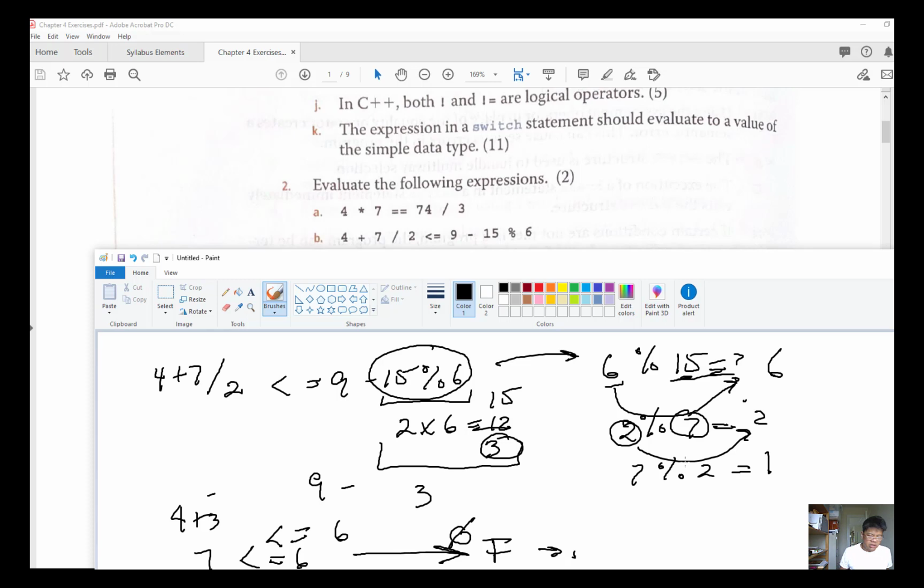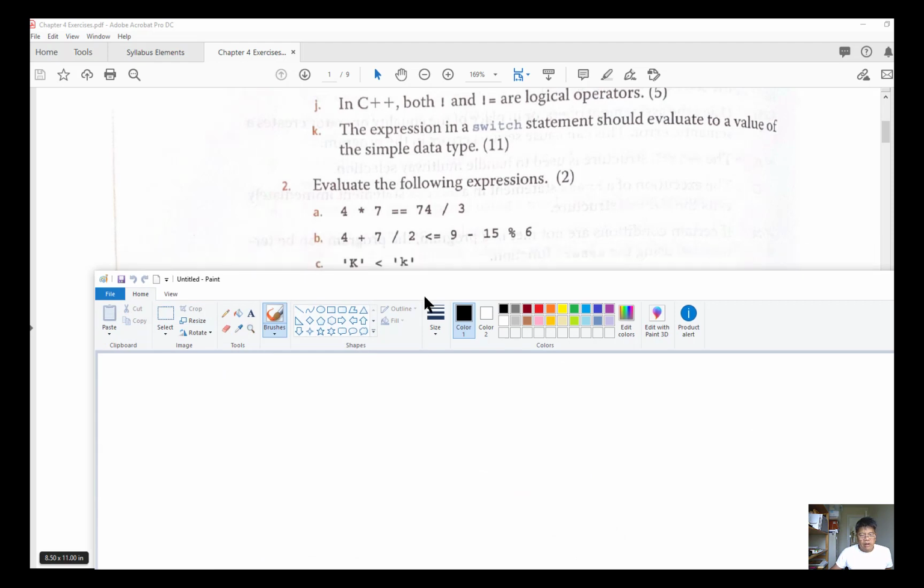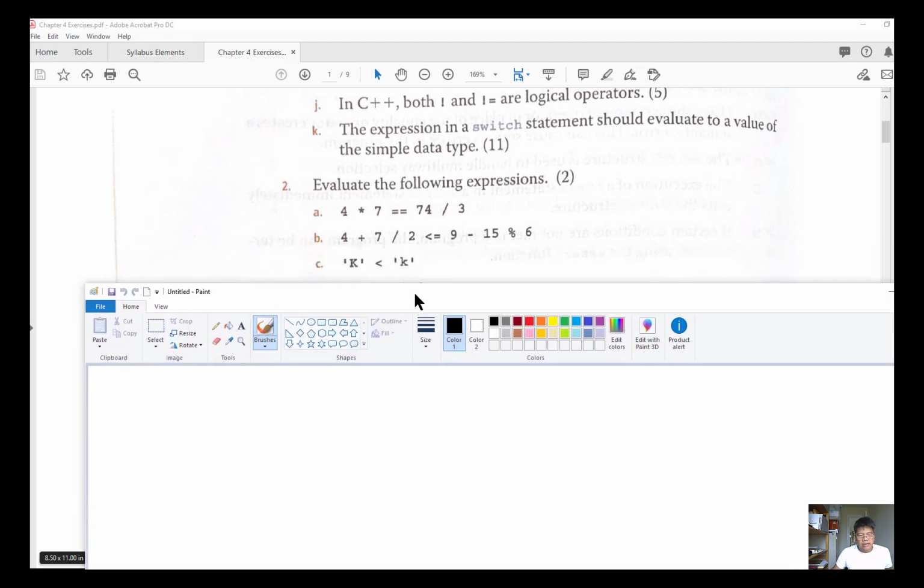Again, let me do another one for you. Let me move down to this one. So you have an uppercase K. What is an uppercase K? It's a char. Make sure you put your apostrophe, less than a lowercase k.